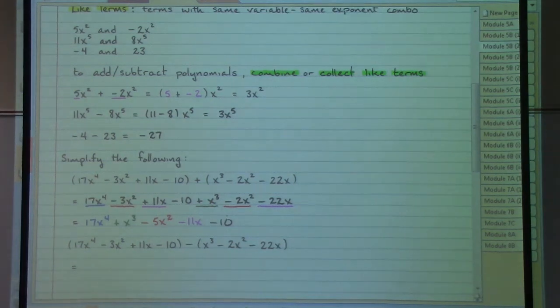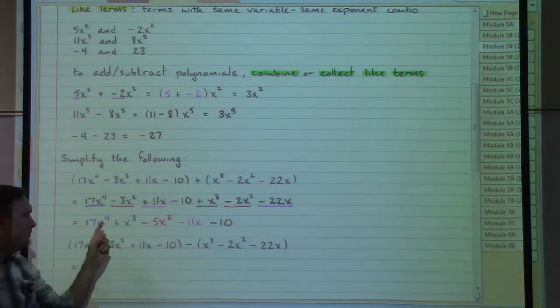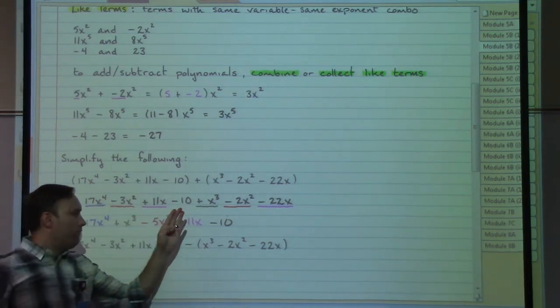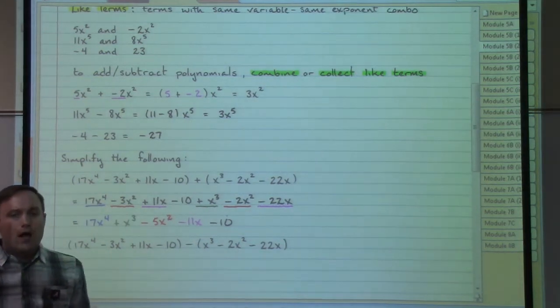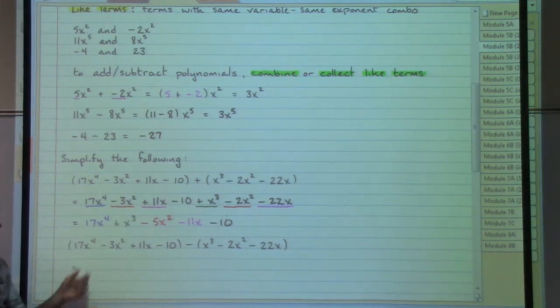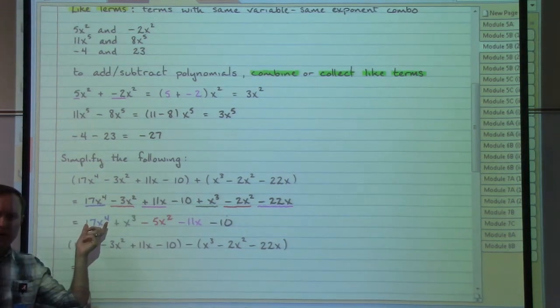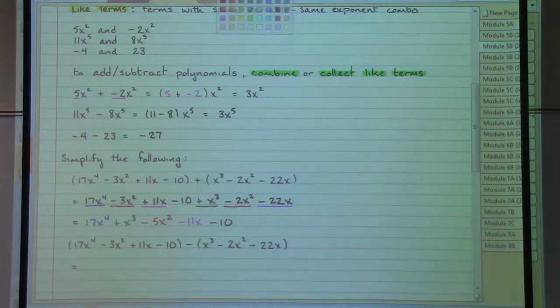One way of classifying this answer is to refer to the number of terms. 1, 2, 3, 4, 5. This has 5 terms. Another way of classifying things, though, is based on that highest power, which was how we started to build our answer. And that highest power that we saw was a power of 4.